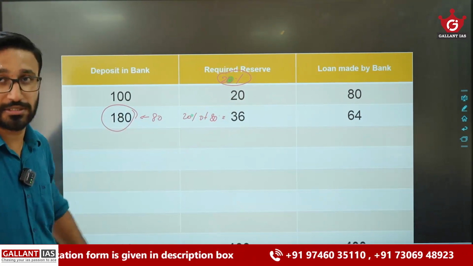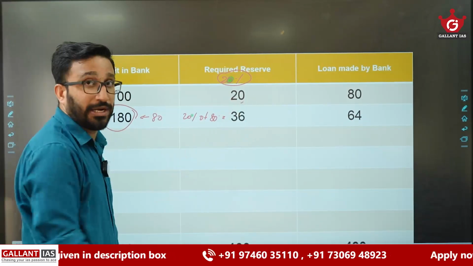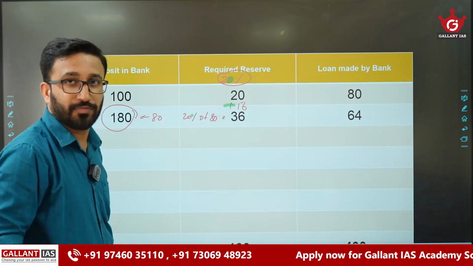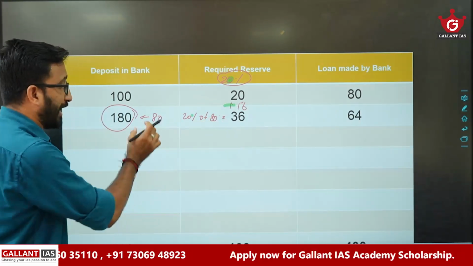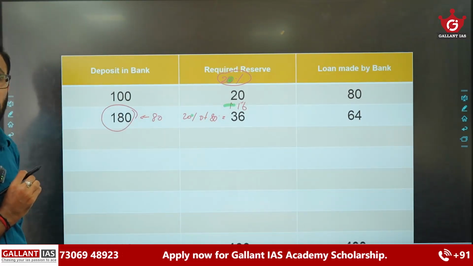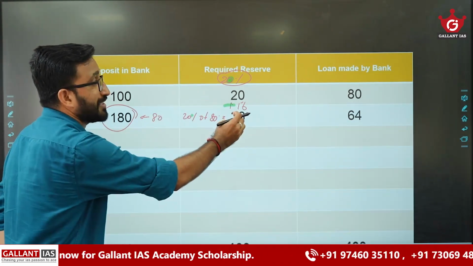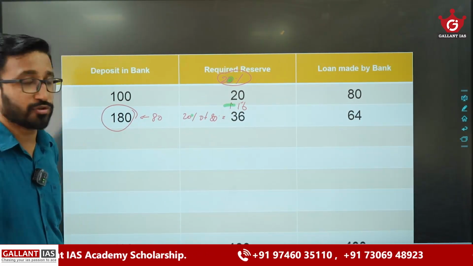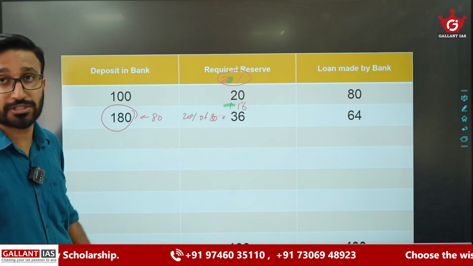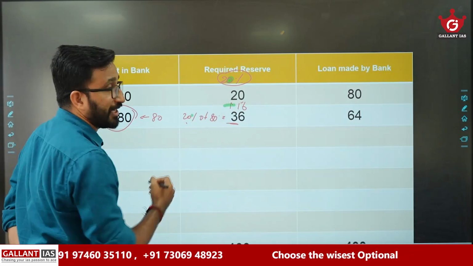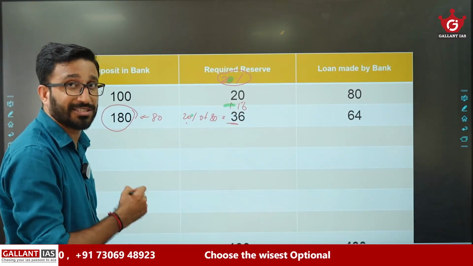We already have 20 in reserve, so plus 16 rupees. Out of this 80 rupees that came in as new deposit, an additional 16 rupees is kept aside as reserve. That makes 20 plus 16, 36 rupees as the reserve. So 36 means 20% of the total 180. So 20% is the required reserve in this example.